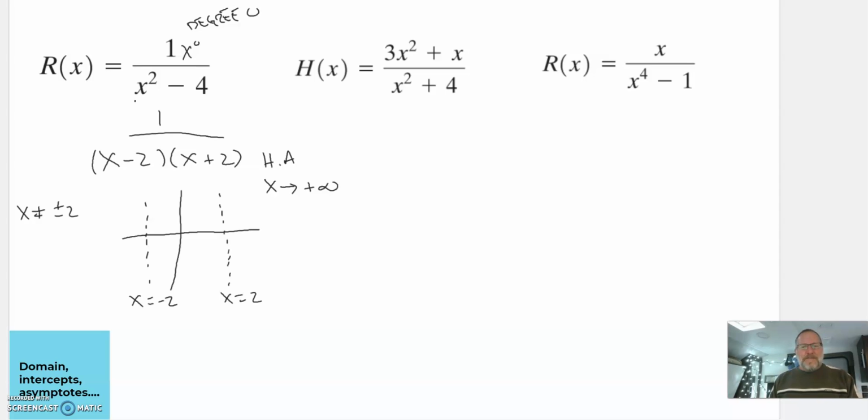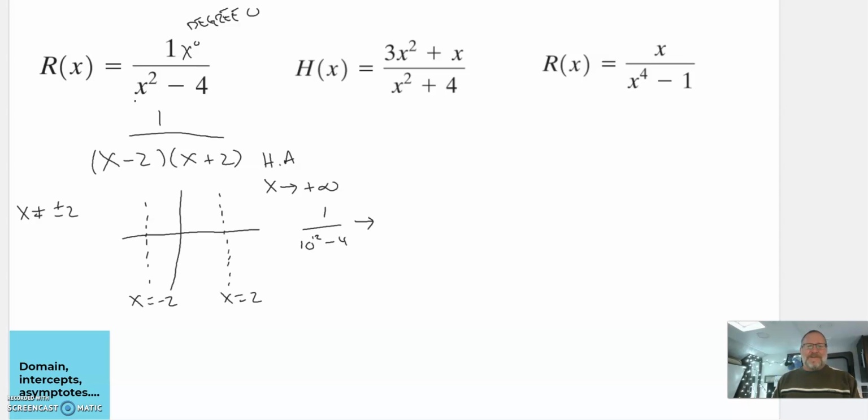Well, if I took 1,000,000, which is 10 to the 6th, right, and I put that in for x, I would have 1 over 10 to the 6th squared. That's 10 to the 12th. Now, you know, the -4 is probably not going to do that much.